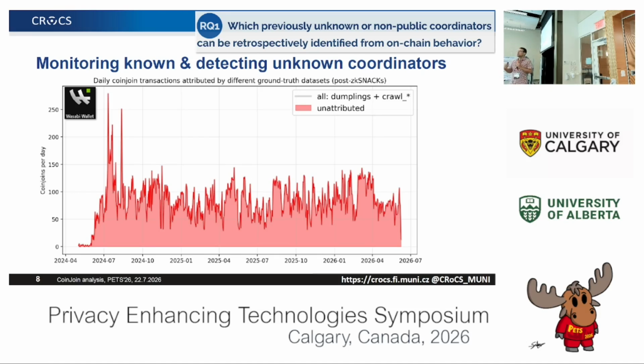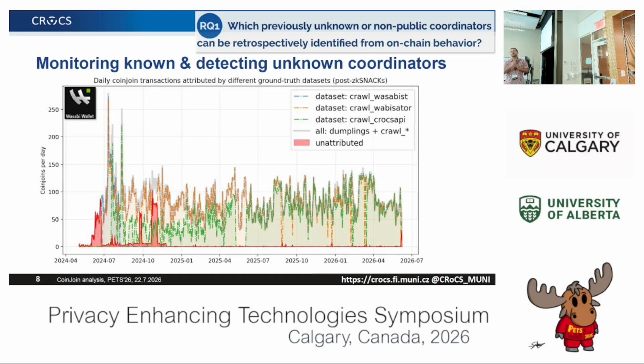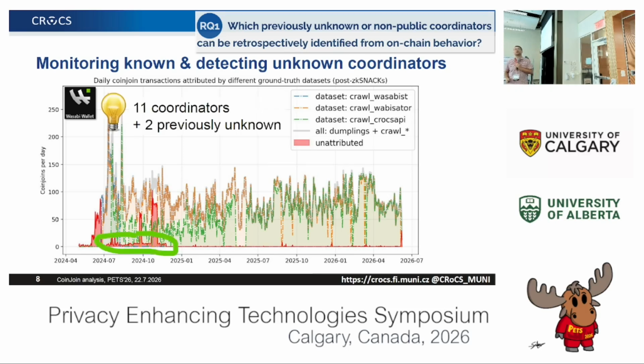If you don't have any additional information, you don't know who the coordinating party is, but because you can actively monitor the known coordinators, you can start to learn what they are. Then you have the difference between the unknown transactions and the transactions you can attribute. Based on this, we figured out that there are 11 coordinators plus 2 additional unknowns. You can later analyze the clustering and things like that.